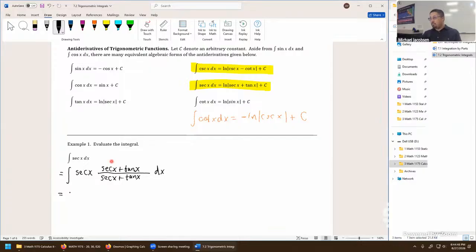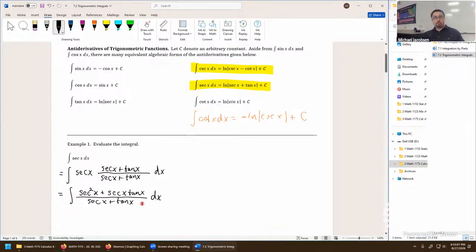We can multiply across the numerator and get secant squared x plus secant x times tangent x, divided by secant x plus tangent x. So that's our new integrand.